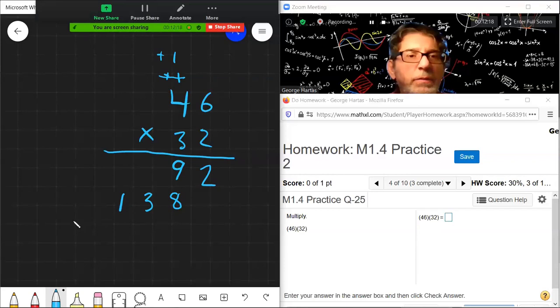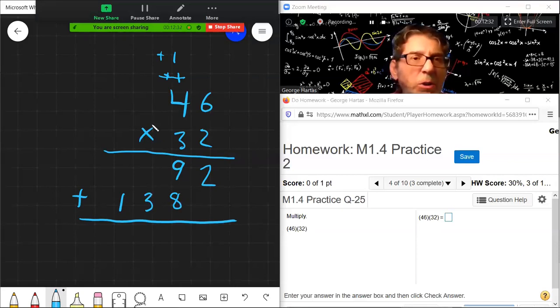Right-hand digit, left-hand digit. So notice how I create new columns here. This 2 is under the ones column. This 9 and the 8 are under the tens column. This 13 has no numbers above it. This 3 has no numbers above it, or the 1. That's okay. I'm going to create new columns.